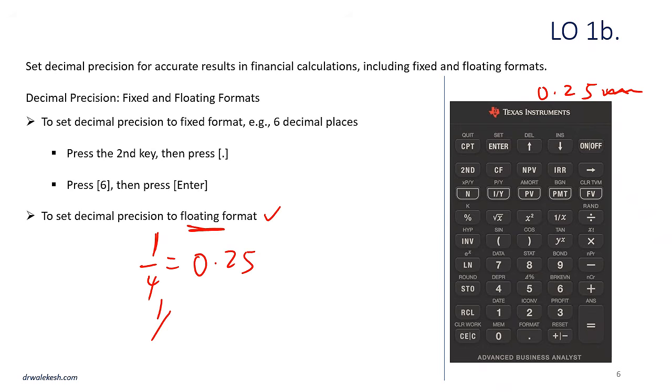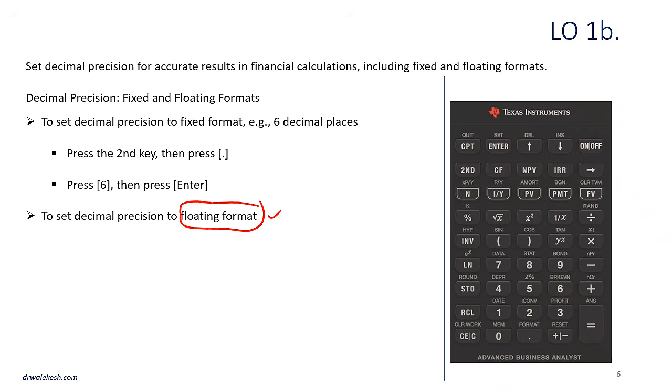But if you need to solve for 1 divided by 3, then it will show you 0.333333 till you get to the last digits that the financial calculator can accommodate. So I prefer that your financial calculator would be in floating format.